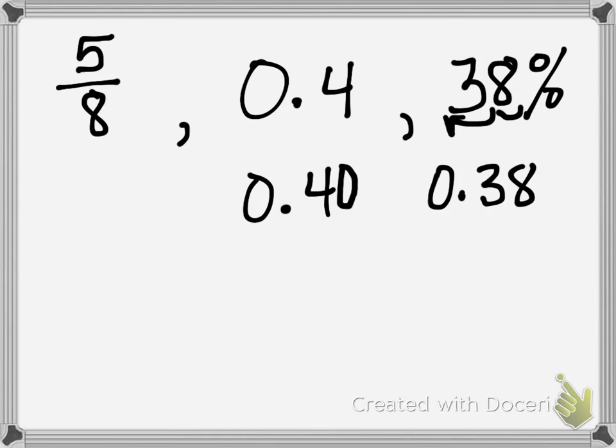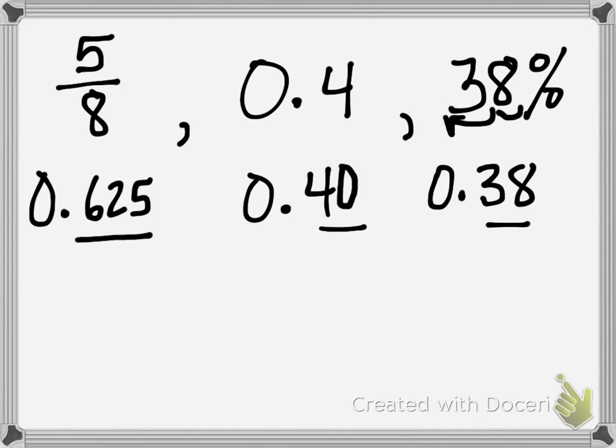With your calculator right nearby, we just do 5 divided by 8, and you will get 625 thousandths. Now, this creates a little bit of a problem for us because now we have a number that has 3 decimal places compared to our other ones that only have 2.